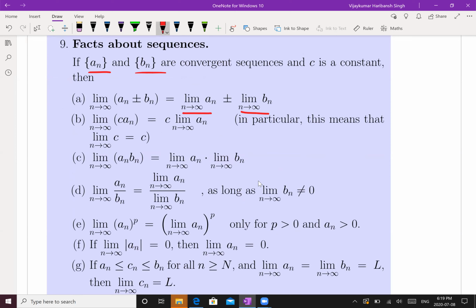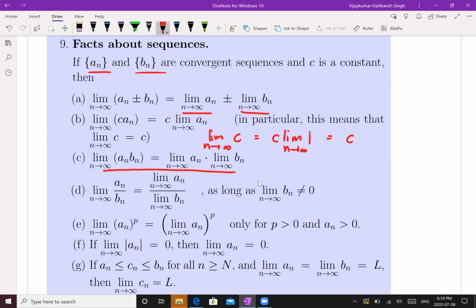If you have a constant times an, the constant can come out. So we have c times limit as n goes to infinity of an. In particular, limit as n goes to infinity of c is c times limit of the constant sequence 1, which will be c. Same thing works for the product as well.